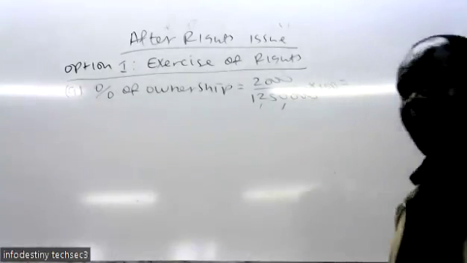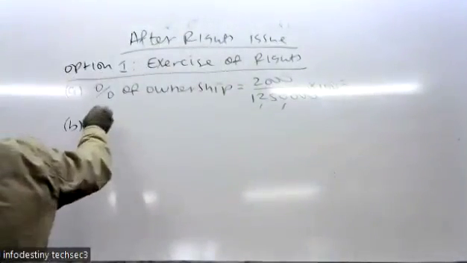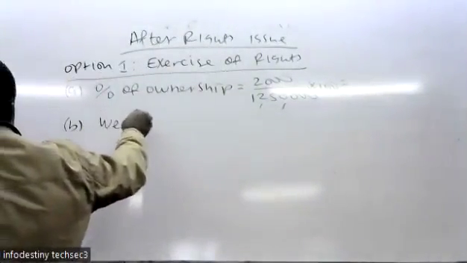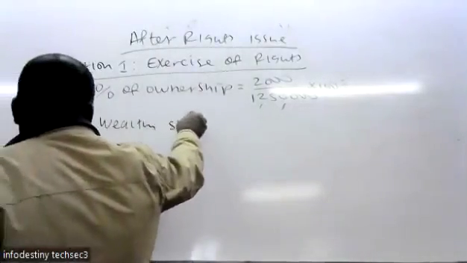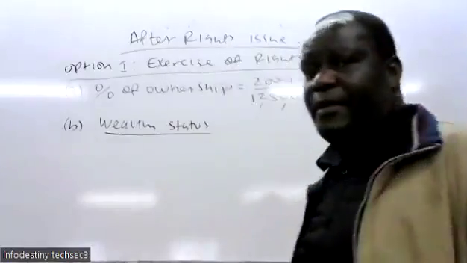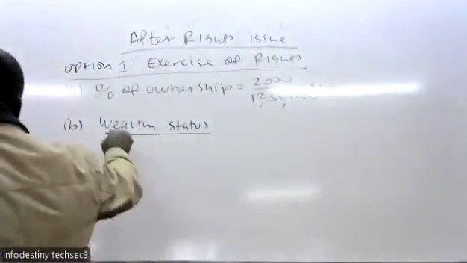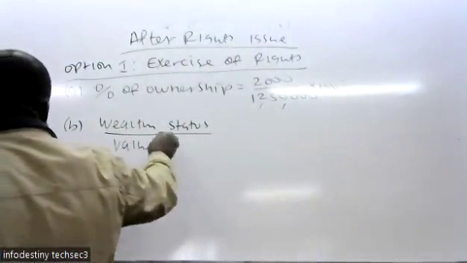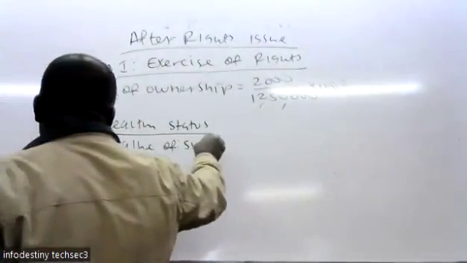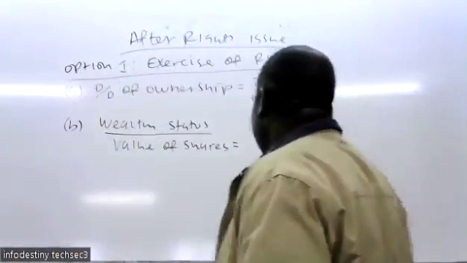So apart from the percentage of ownership, we now also check the wealth status. For the wealth status, we start with the value of the shares.